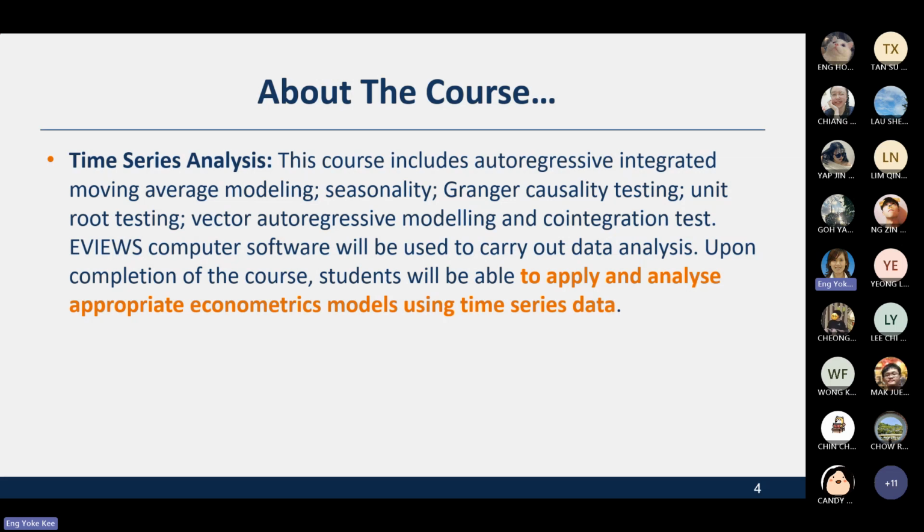Number one, the course deals much with forecasting: how do you forecast the future value based on the previous value? In the first half of the semester, we talk more about forecasting. The second half will be about learning how to understand the real world by looking at the relationships.